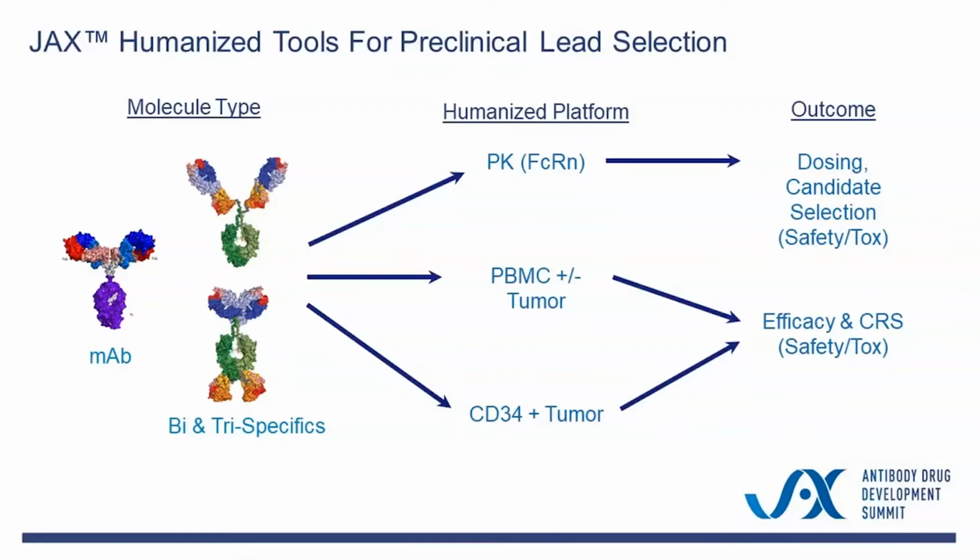And really, we can use these models in a very sophisticated way to begin to ask and answer questions about the balance between efficacy and safety, finding those molecules that have the best performance overall, hopefully accelerating your ability to have success when you get to the clinical stage of drug development.